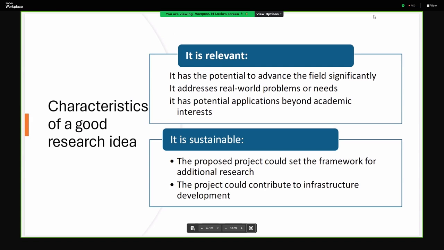That could also go into the framework as you start developing your proposal. Then you could say, okay, we're going to set up this system, or we're going to buy equipment that would allow us to do other things. So think about sustainability and also what it can do after the funding ends.